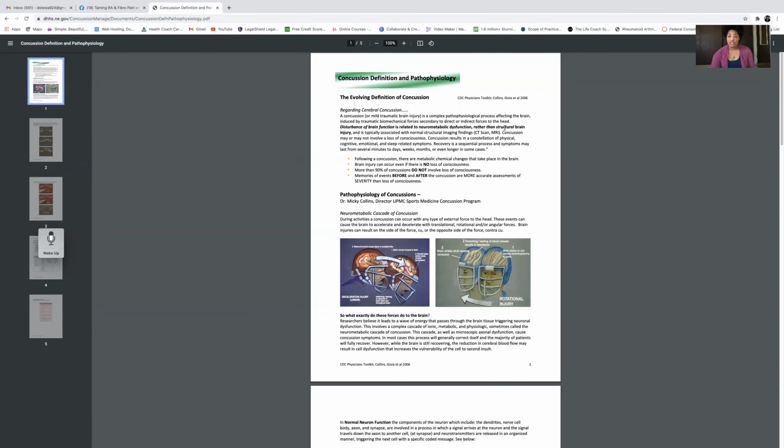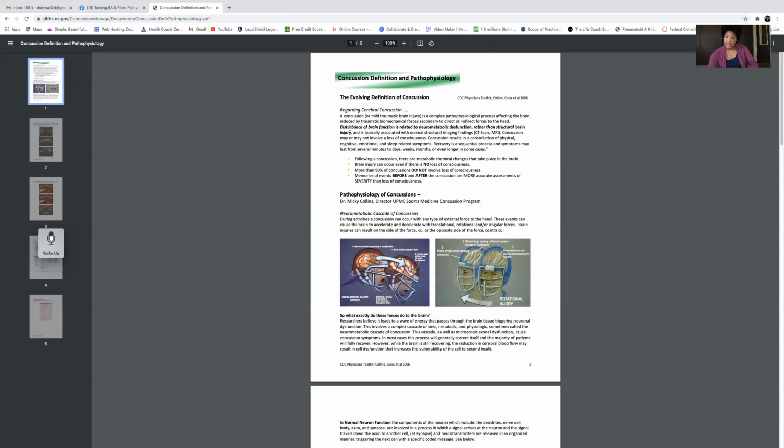So when it says a structural brain injury, that means there's some sort of injury that is causing a leak, like blood is basically leaking from an artery or a vein, and that is going to cause a whole different side of issues. That is going to be a different type of serious than a concussion.